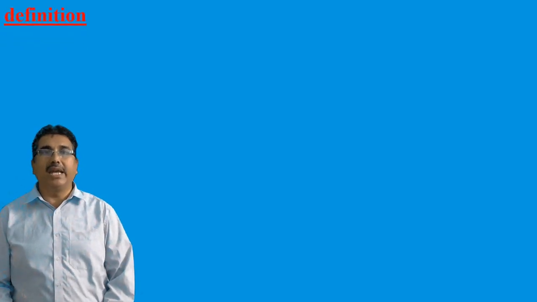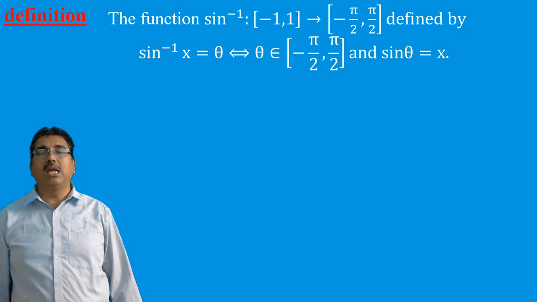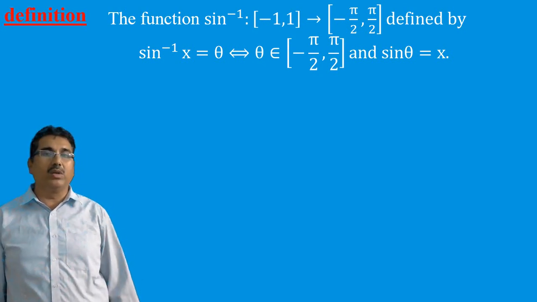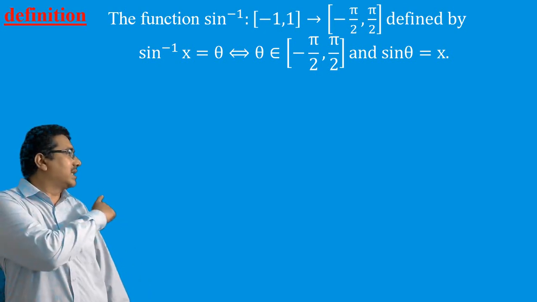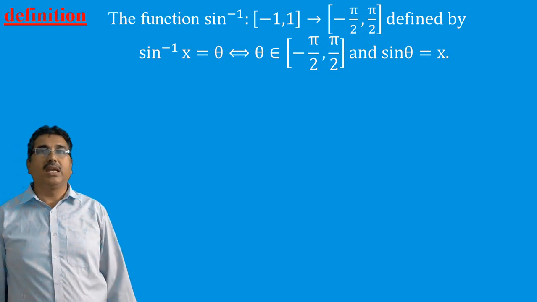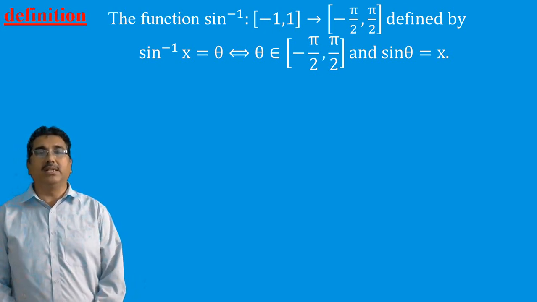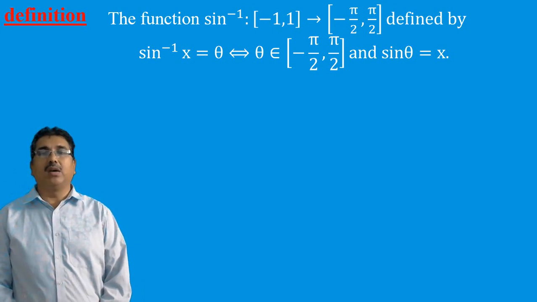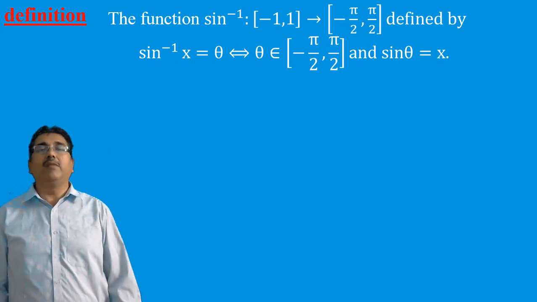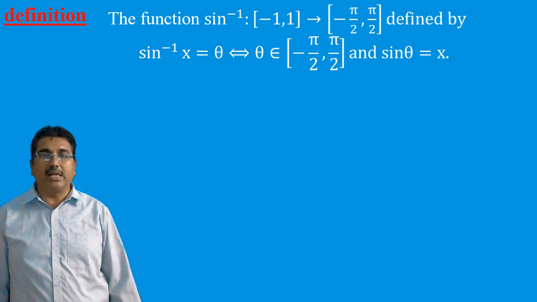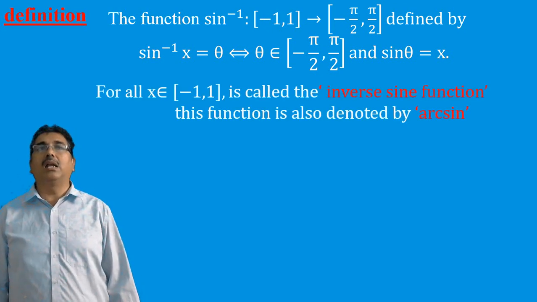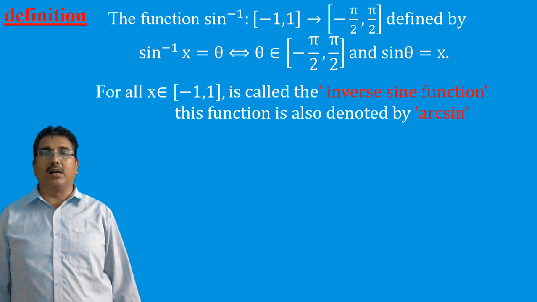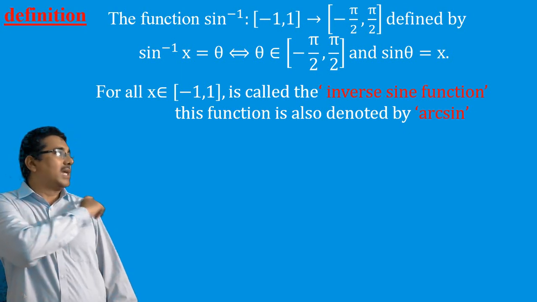Now, define the inverse trigonometric functions. The function sine inverse from [-1, 1] to the closed interval [-π/2, π/2] is defined by sin⁻¹x = θ if and only if, this definition is very important, all the theorems are proved by using this definition. sin⁻¹x = θ if and only if θ belongs to [-π/2, π/2] and sin θ is equal to x, for all x belonging to [-1, 1]. This is called the inverse sine function.